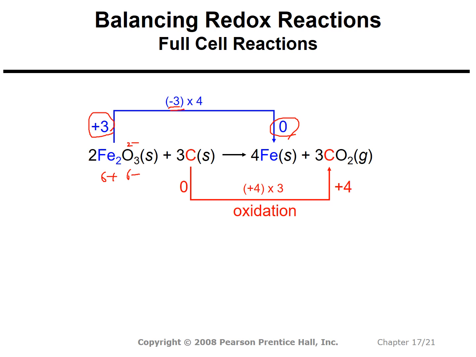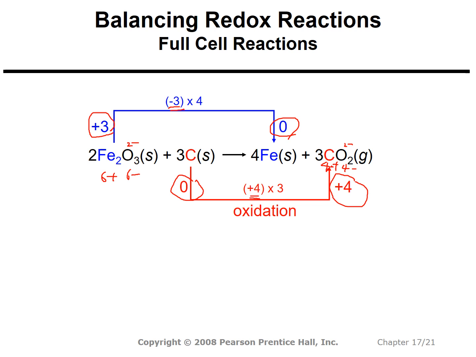Let's go to the carbon. Carbon element is 0, and how about carbon dioxide? 2 minus here, so totally 4 minus from oxygen, and then carbon should have 4 plus, and this is just 1 carbon, so the oxidation number of carbon is +4. From 0 to +4, the difference in oxidation number is +4.